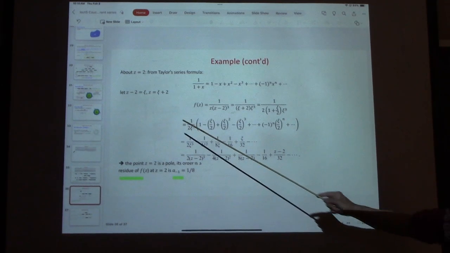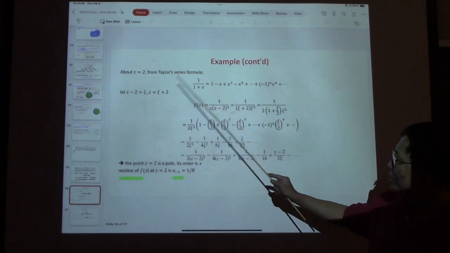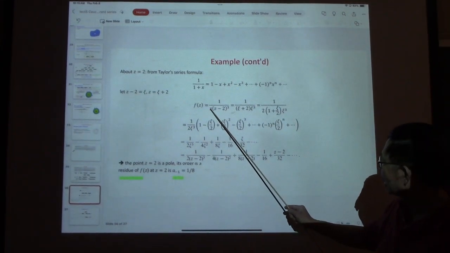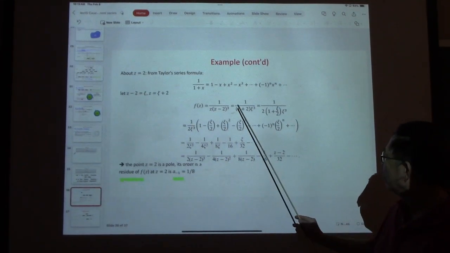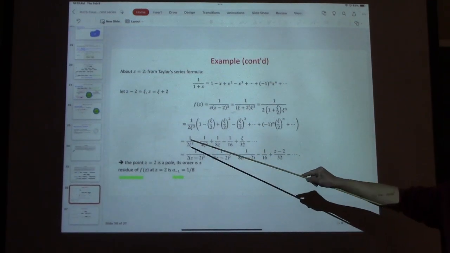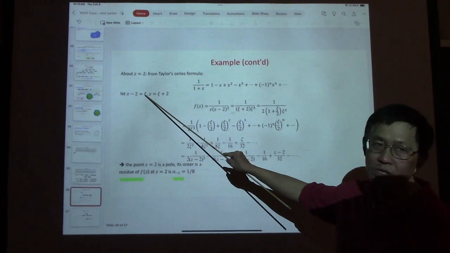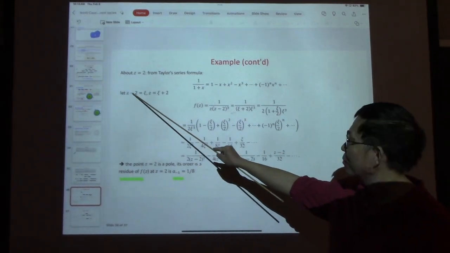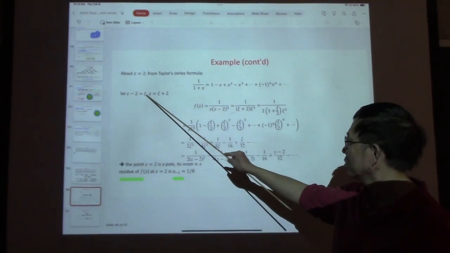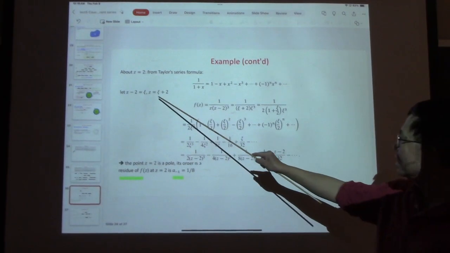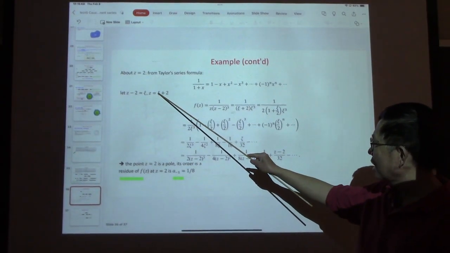Okay, so this is a Taylor series expansion, which is essentially the geometric series. And this time what we need to do is expand things around 2. This z here, we can call a new variable, say zeta. We can keep writing z minus 2, but let's also write it as zeta. If that's the case, z will become zeta plus 2.